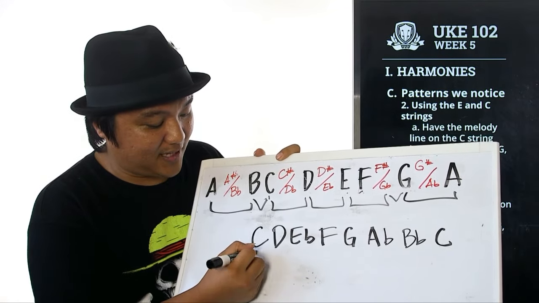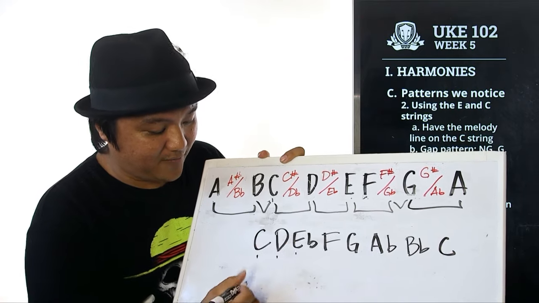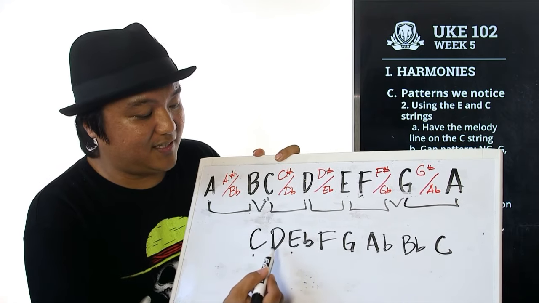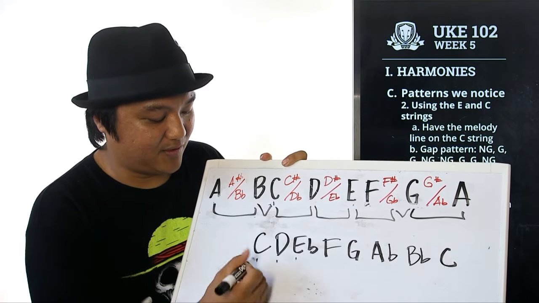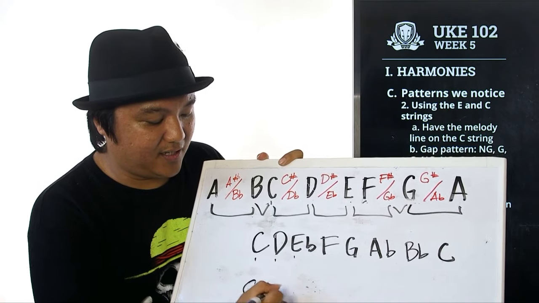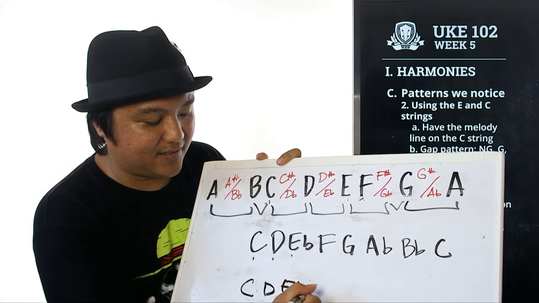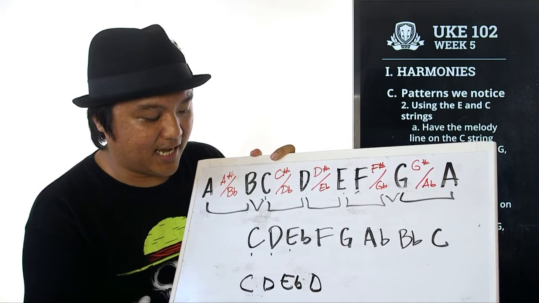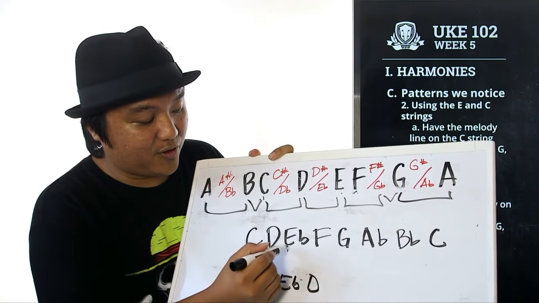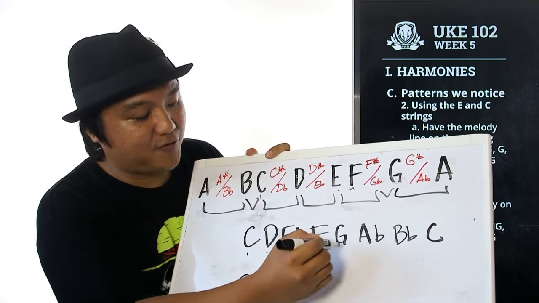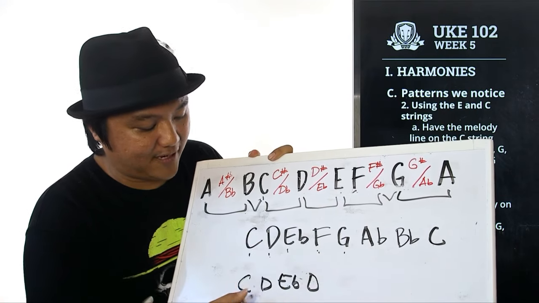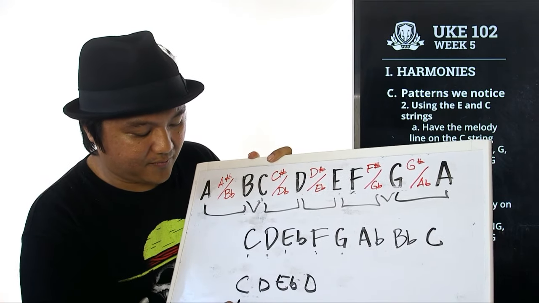So if we were to play C, so 1, 2, 3, let's say we did C, D, E flat, D. C, D, E flat, D is our melody line. So from here, 1, 2, 3, it'll be E flat, F, G, E flat, F, E flat.